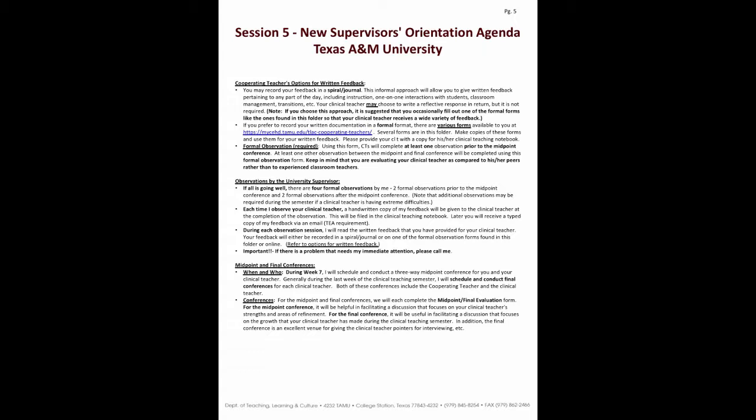For this option, there are various forms available to the cooperating teacher, and there is a link provided. The last bullet explains the requirements for cooperating teachers using the formal observation form. Be sure to remind the cooperating teacher that he or she is to evaluate the clinical teacher as compared to other clinical teachers rather than to experienced classroom teachers.